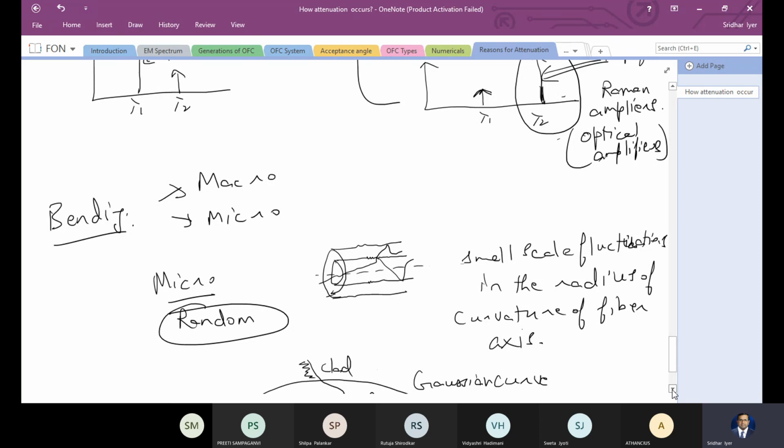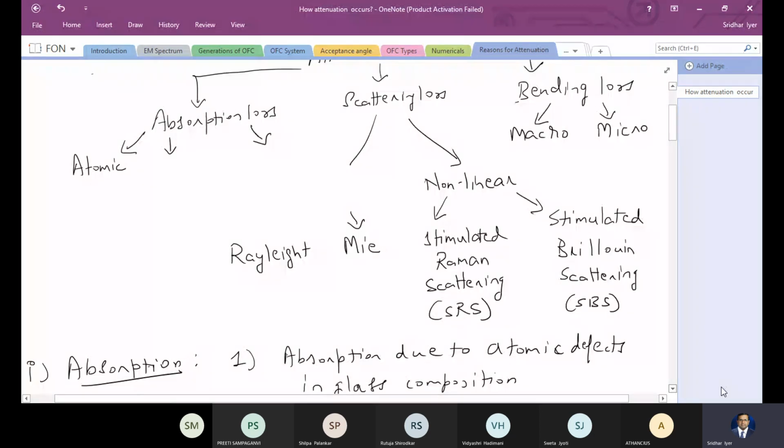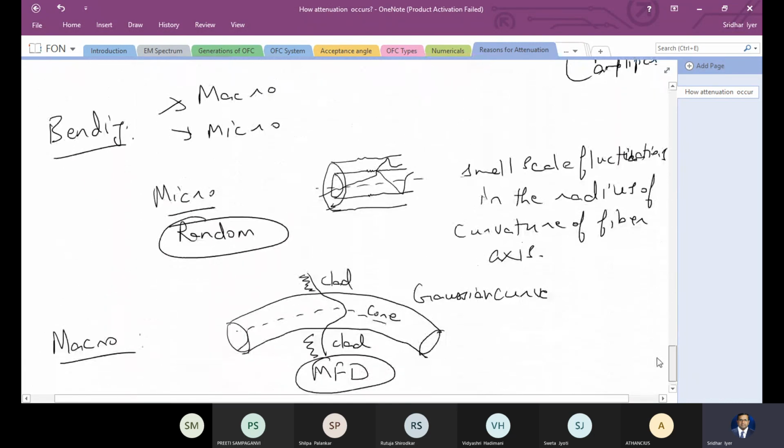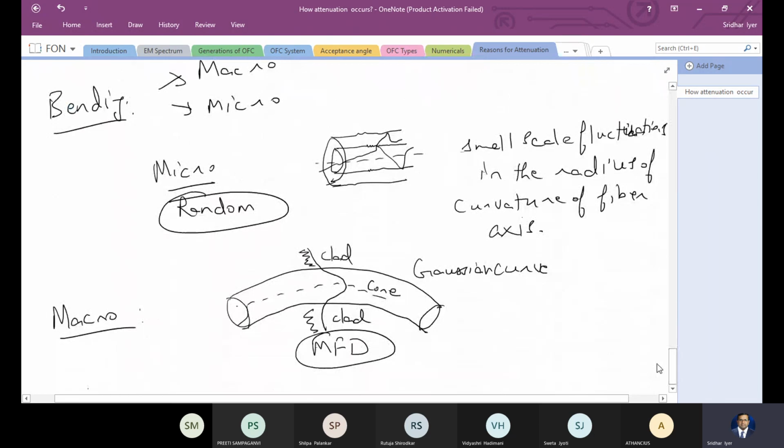Losing light basically implies that you are losing some part of the data, because you are transmitting data in the form of light, so we cannot afford to lose light. So the total internal reflection has to occur in the fiber, for which the acceptance angle has to be at a certain angle. We have seen previously in the first module that if that is not the case, then the light is just going to escape the core of the fiber.